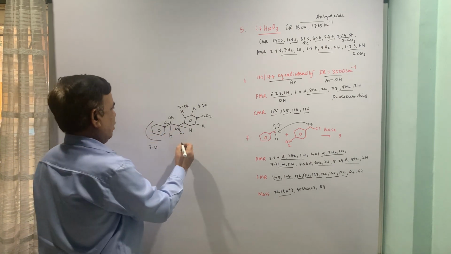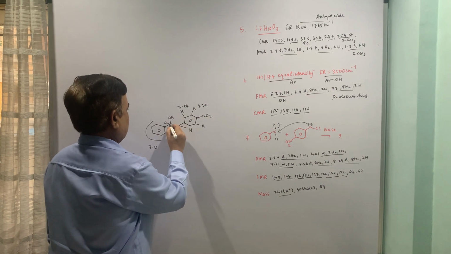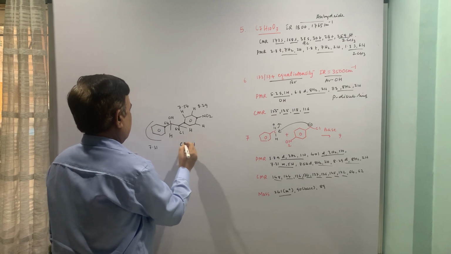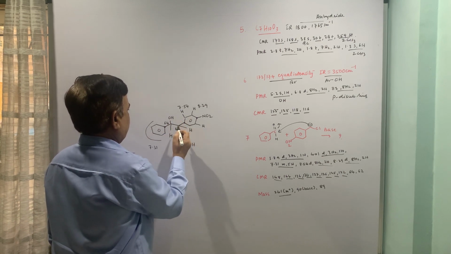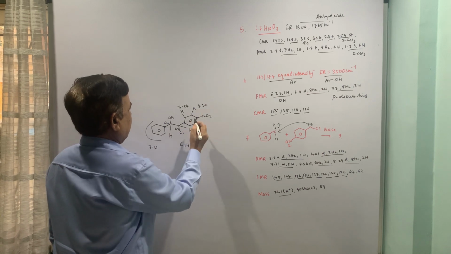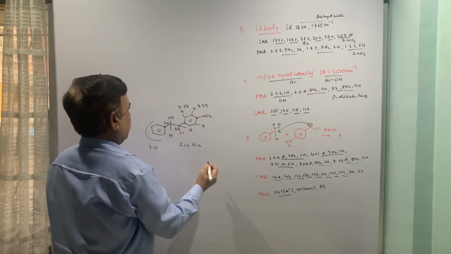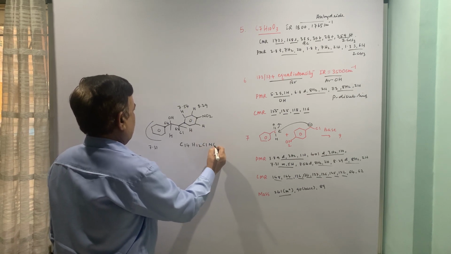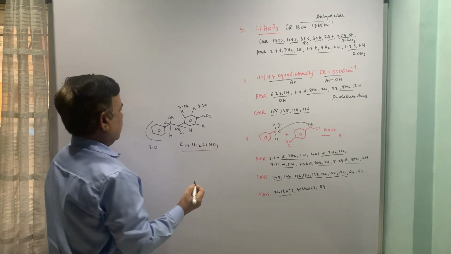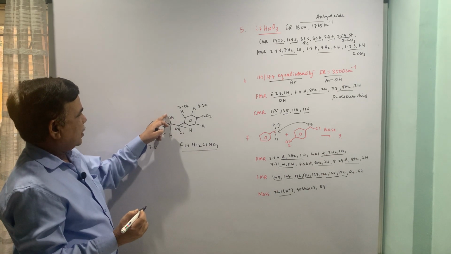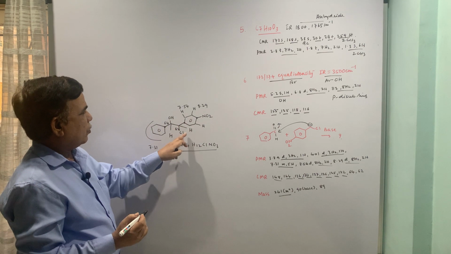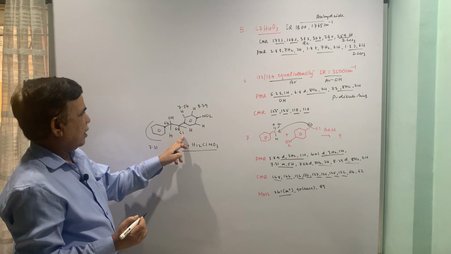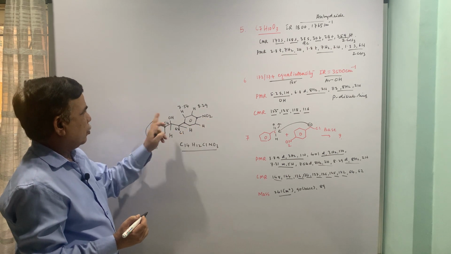So C12, 13, 14, C14, you can always check, H5, 6, 7, 8, 4, 12 and then Cl, NO2, O3.